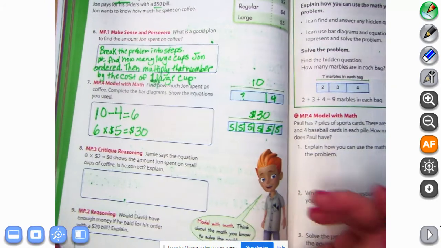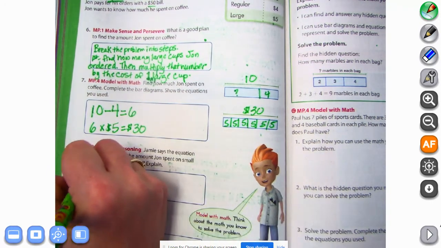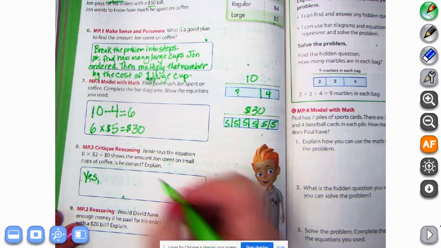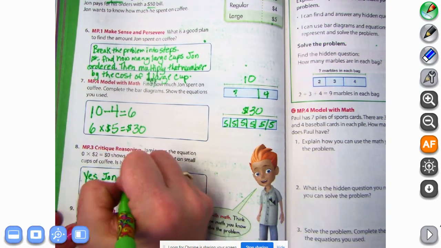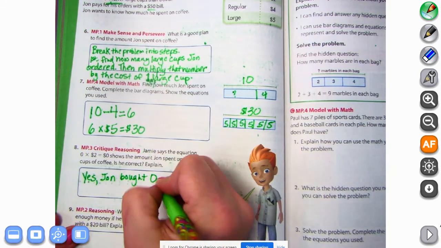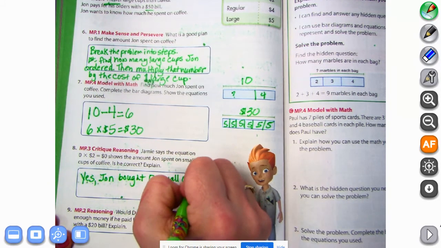It says, Jamie says the equation 0 times $2 is $0. Show the amount John spent on small cups of coffee. Is he correct? Explain. Yes, he's correct, because we know anything times 0 is 0, right? John bought 0 small cups.